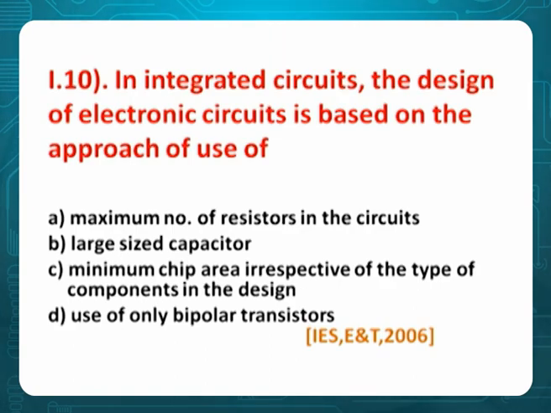Question number 10. In integrated circuits, the design of electronic circuits is based on the approach of: use of maximum number of resistors in the circuit, large sized capacitors, minimum chip area irrespective of the type of components in the design, or use of only bipolar transistors. Why? What is the main thing? An integrated circuit is the design of electronics based on which approach?